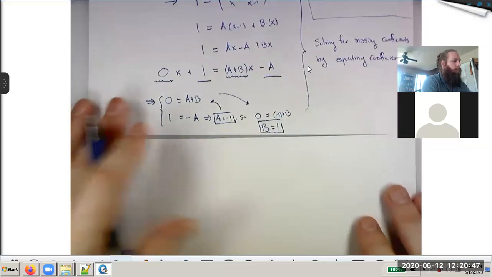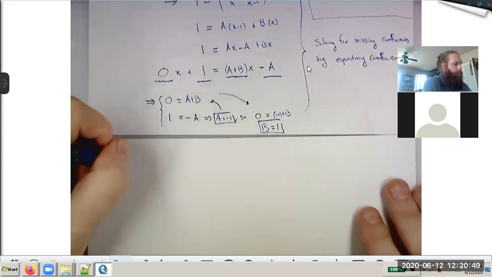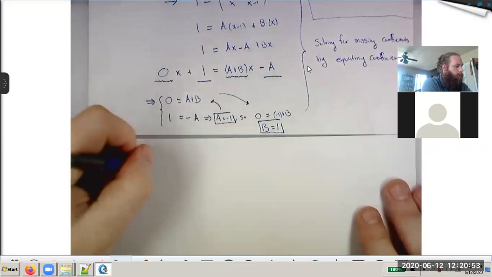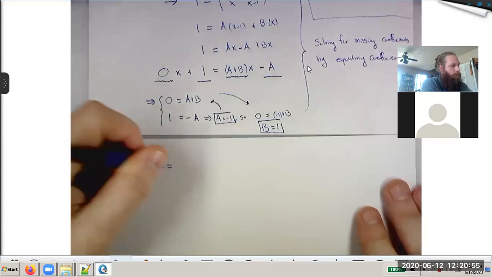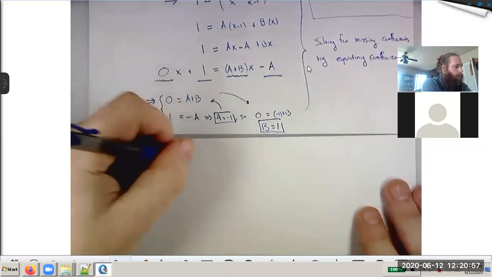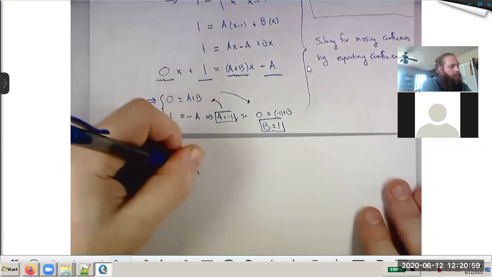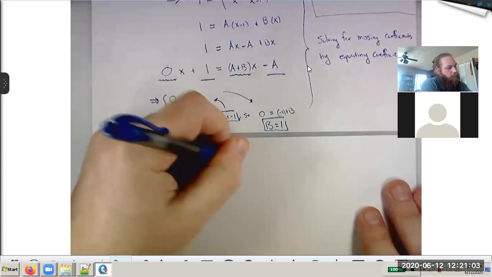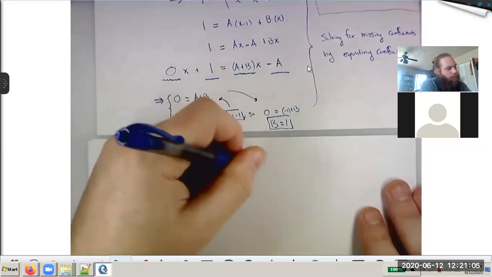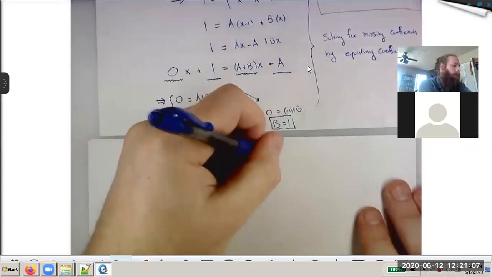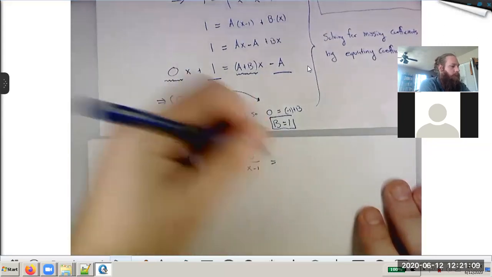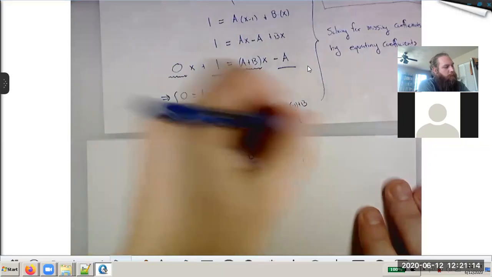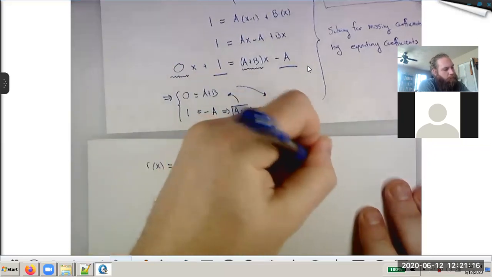Now I return to the PFD setup. I'm going to rewrite my function, r of x, therefore, which was, remember, 1 over x squared minus x, which I said had to be the same as a over x plus b over x minus 1 for the right choice of a and b. a was negative 1, so this is negative 1 over x, plus b was positive 1, so this is 1 over x minus 1.